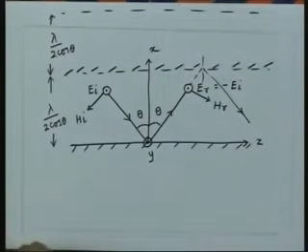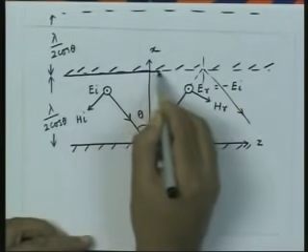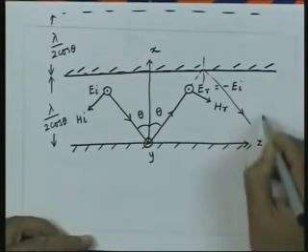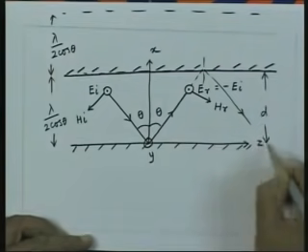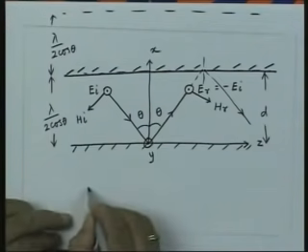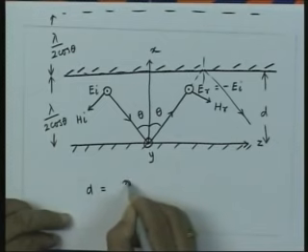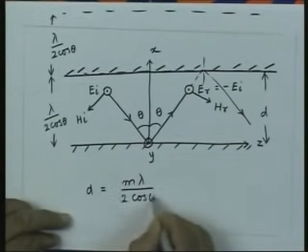So, if I say that I have two conducting boundaries now, and let us say the separation between them is given by d, then this d should be equal to m lambda divided by 2 times cos theta.